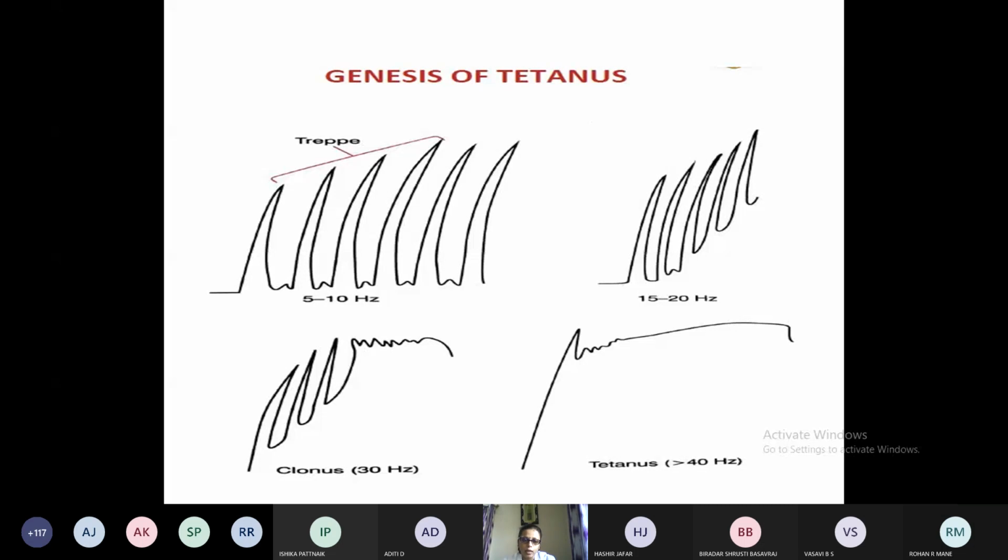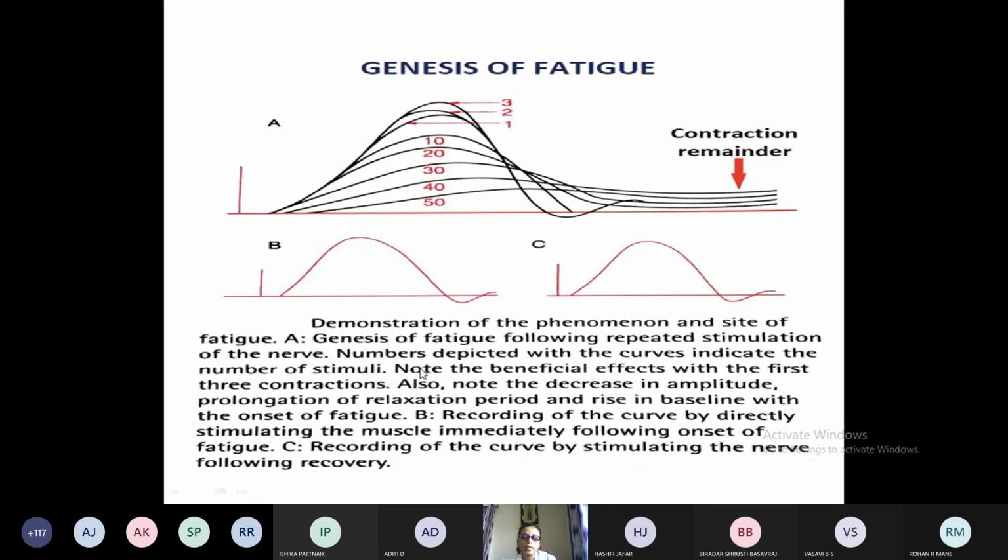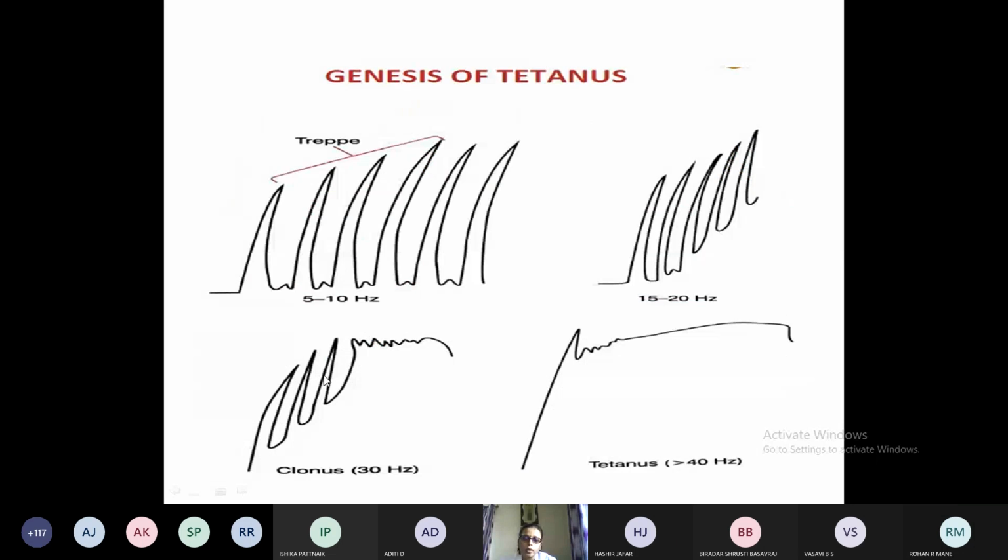In between, the second successive stimulus is applied during the mid-relaxation, so the muscle will not relax completely and it will sustain as clonus. So this property is called clonus. The muscle is not completely relaxed, so it shows another peak. That is called clonus.